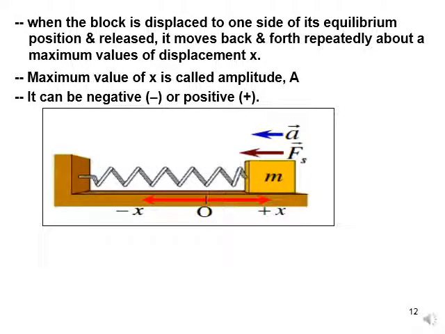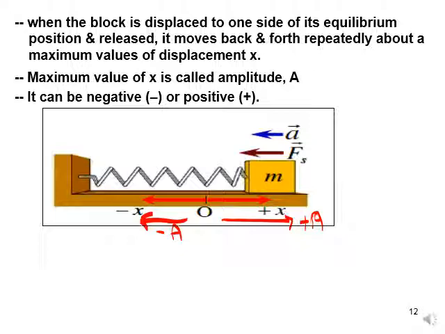If the block moves to the right, the amplitude is positive, and if the block moves to the left, the amplitude is negative. From the diagram, the block is displaced at positive x and released.